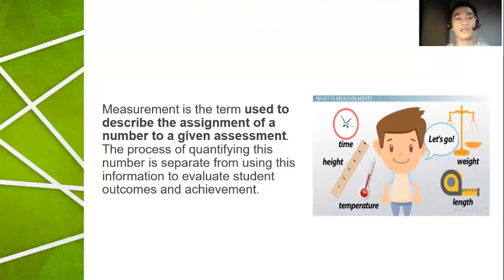It is the process of quantifying particular data or characteristics. Meaning to say, when we measure, it involves numbers. For instance, your teacher checks your paper and it yields a result or a score. Your score is part of measurement because it involves numbers or data. So that's it for measurement.